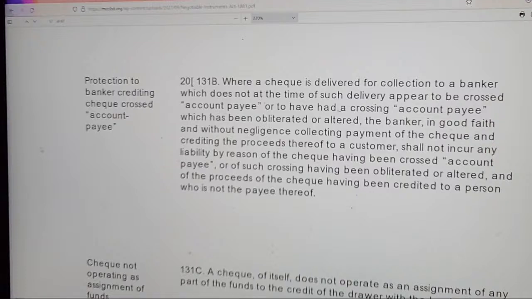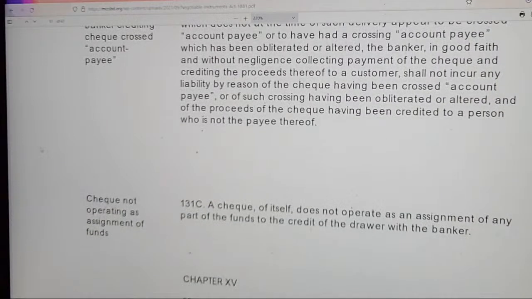Where a check is delivered for collection to the banker which does not at the time of such delivery appear to be crossed account payee, or to have had a crossing account payee which has been obliterated or altered, the banker in good faith and without negligence collecting payment of the check and crediting the proceeds thereof to the customer shall not incur any liability by reason of the check having been crossed account payee, or of such crossing having been obliterated or altered, and of the proceeds of the check having been credited to a person who is not the payee thereof.